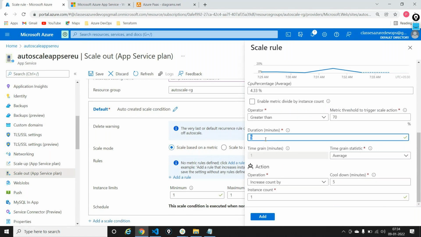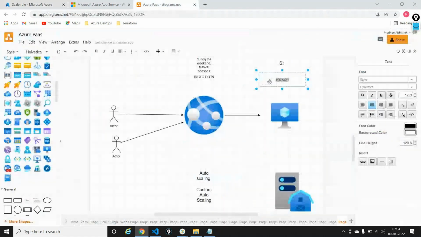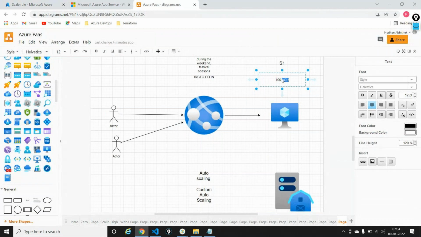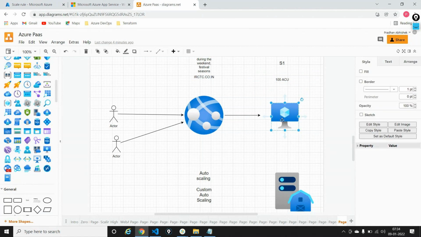So what do you do? You increase the instance count by, let's say, 1. Meaning, whenever you see the 100 total SUs exceeding 70 or 71 or 72, please allocate one more instance with 100 total SU.